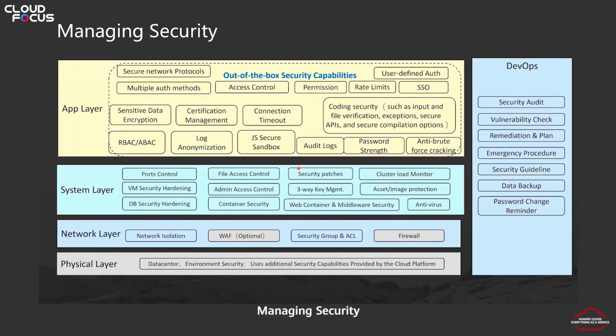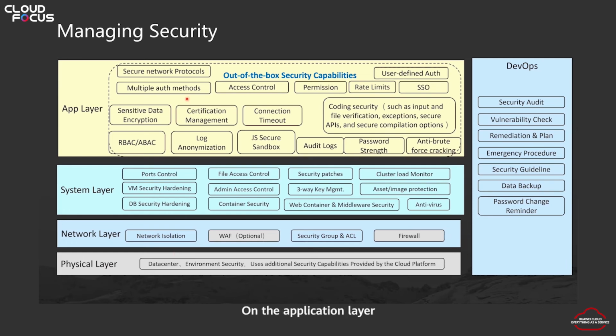Managing security. ROMA Connect provides security control on all its stack layers. On the system, network, and physical data center layers, ROMA Connect effectively leverages existing OS, server, network, and other cloud security mechanisms and follows the best practices provided by cloud providers or data centers to harden the security.